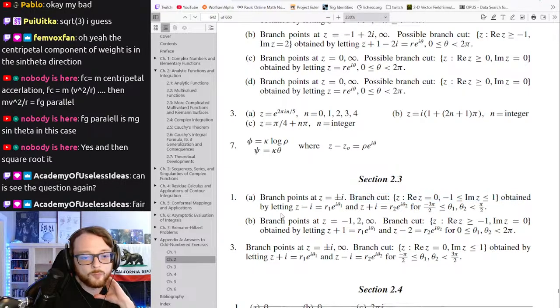Okay, that's what I thought for the branch cut for that one. Maybe I should have thought more about that end piece there.